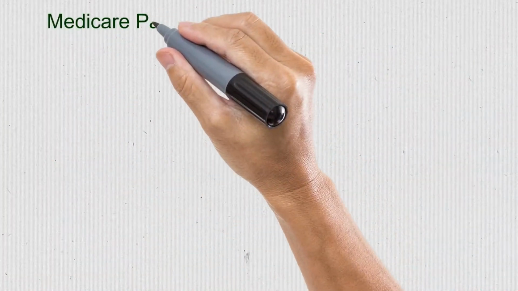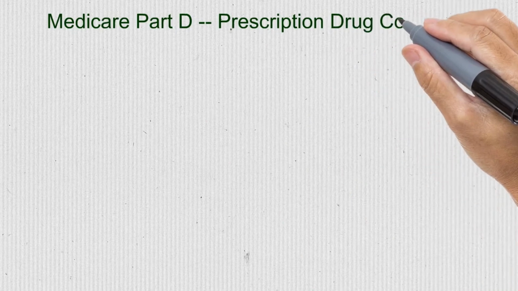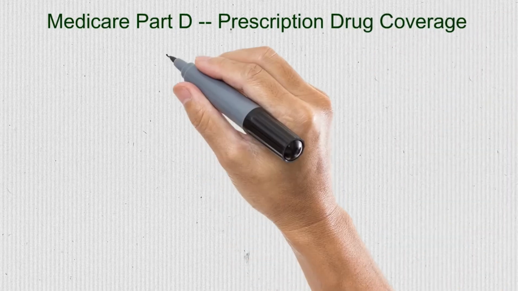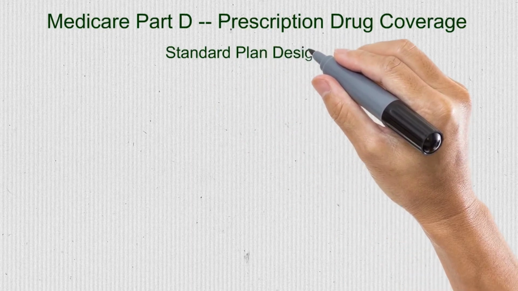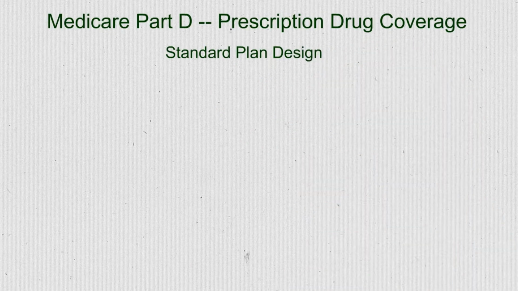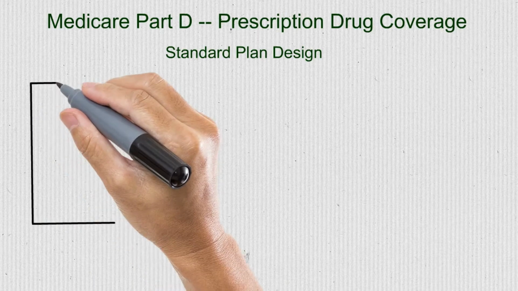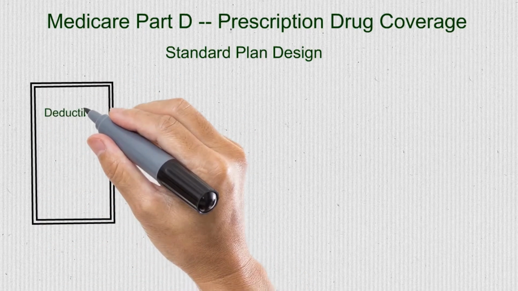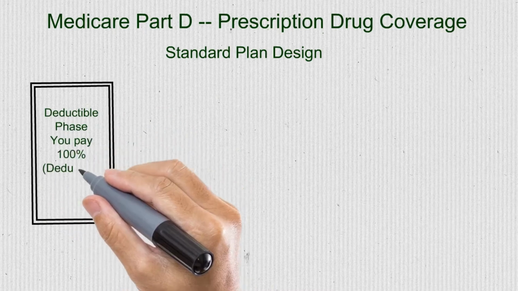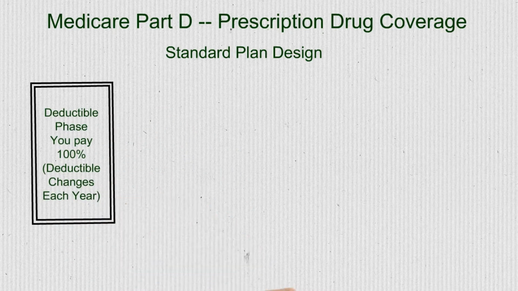Medicare Part D, or prescription drug coverage, was introduced with a standard plan design, and that's what we're going to go through today. It consists of 4 phases, and the first phase is the deductible phase, which was originally designed so that you pay 100%, and that deductible amount changes each year.